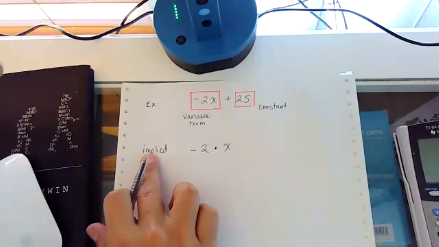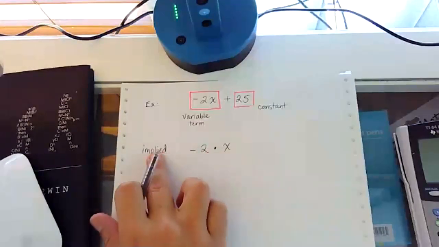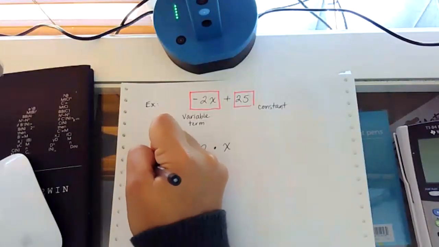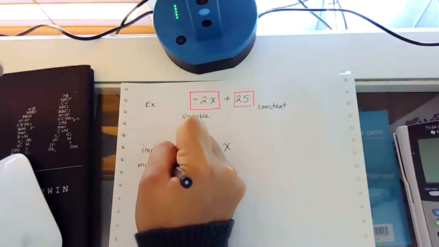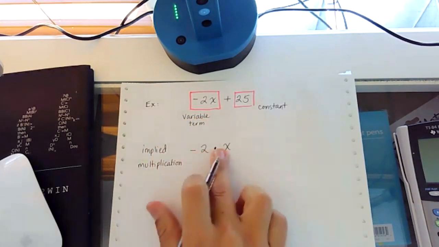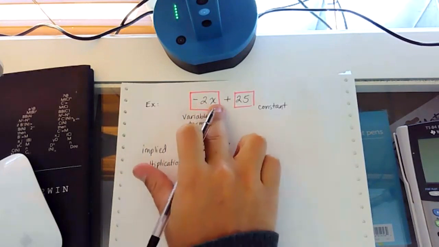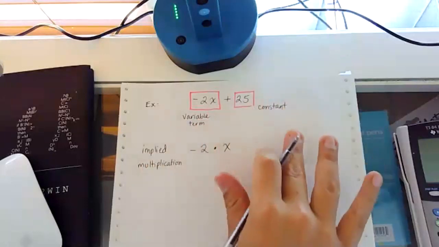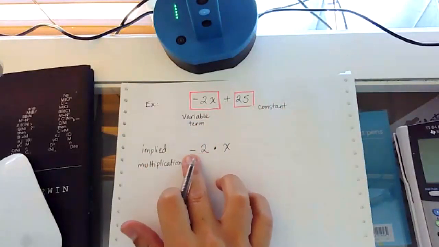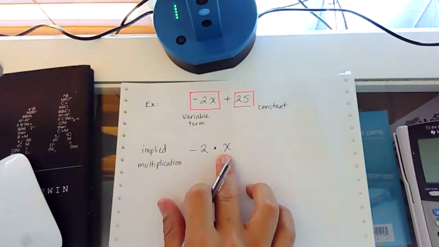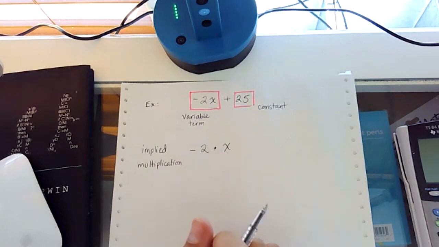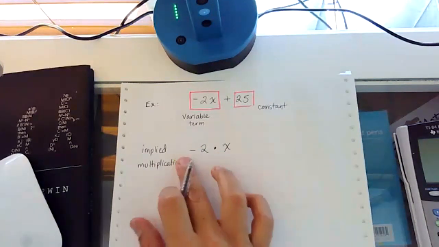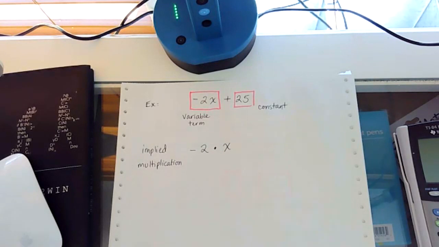So we can say that this expression implies multiplication. When you don't see an operation between a number and a variable, the default operation is multiplication. And this might seem weird. It might seem overly complicated, but really you deal with this stuff in your everyday life.